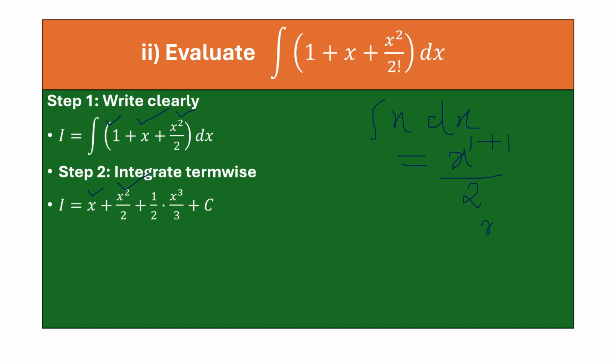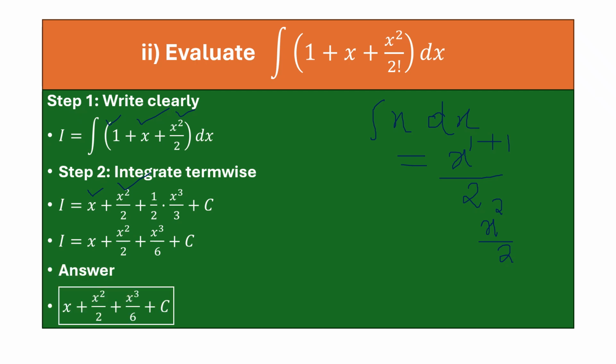So you get x squared upon 2. This is for your integration of x dx. So what is your final answer here? x plus x squared upon 2 plus x cubed upon 6 plus c, which is constant. And that's your final answer.